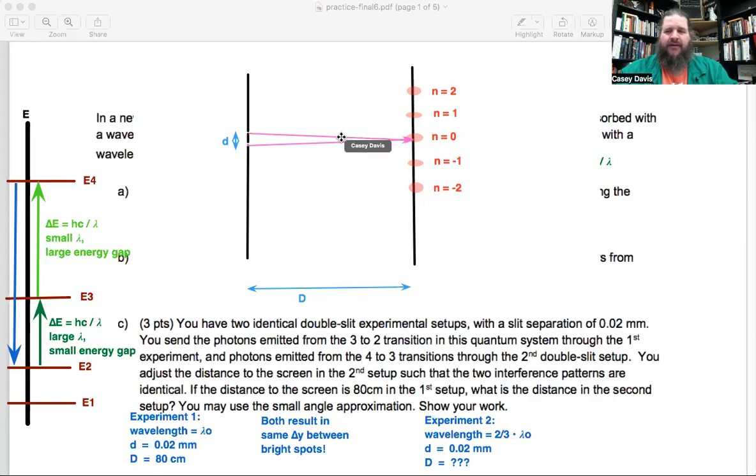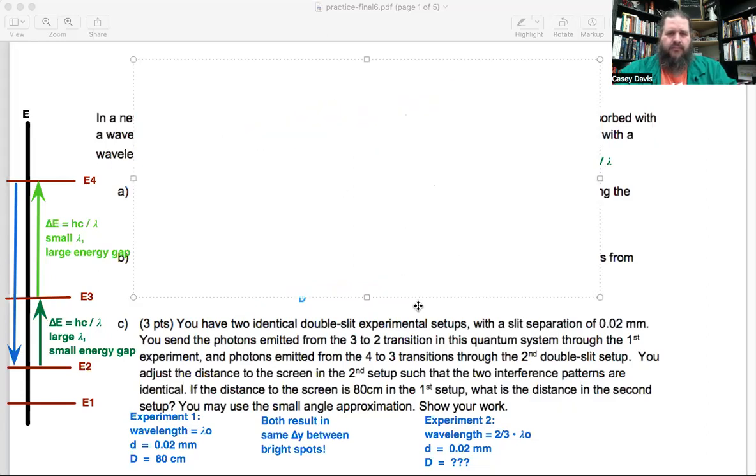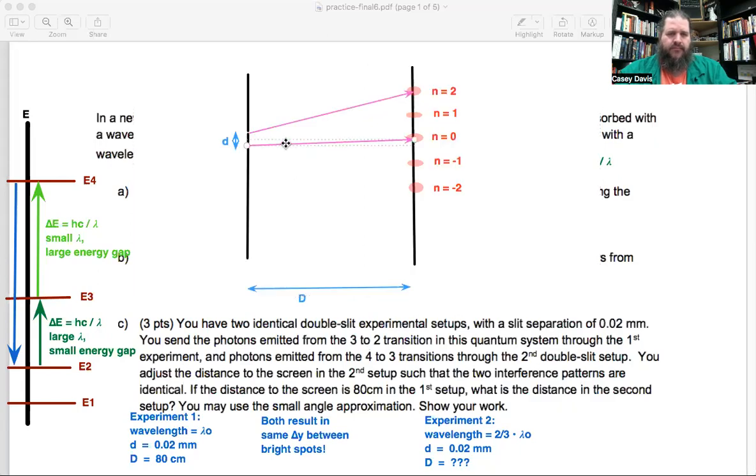The waves are identical. They're traveling the same distance. They have no other differences. So we get constructive interference. If we take a look at some other location, let's say if we analyze the paths from each slit to this location, that's going to be a bright spot under what circumstances?